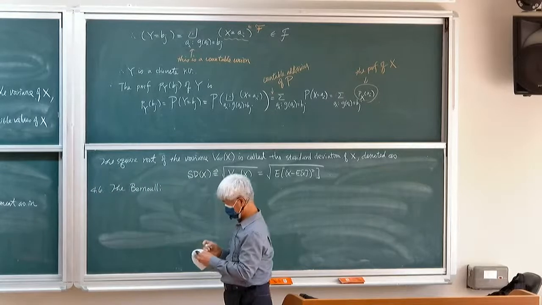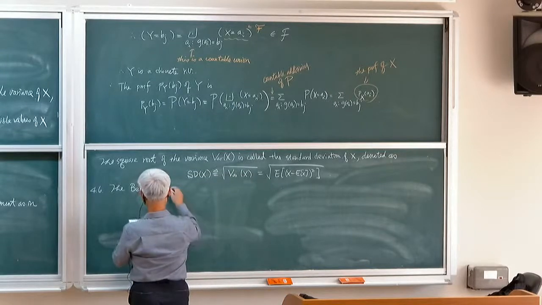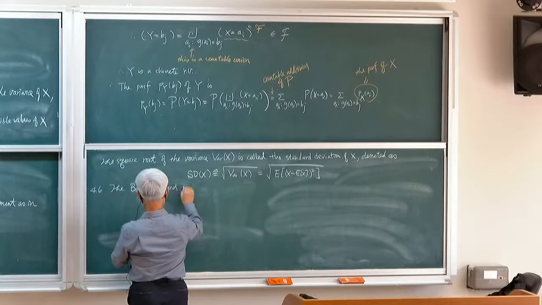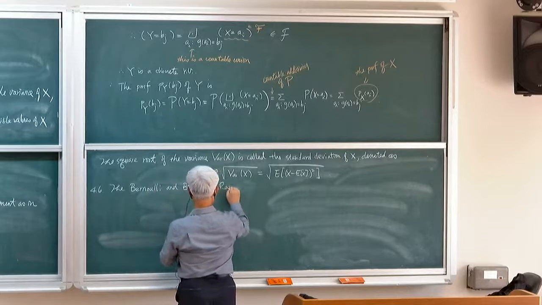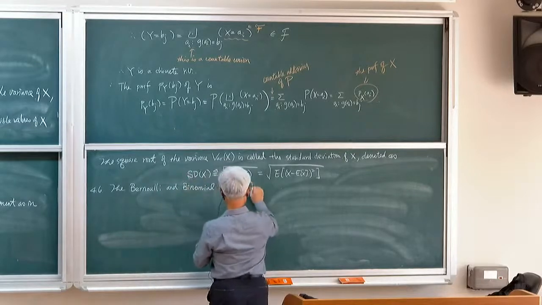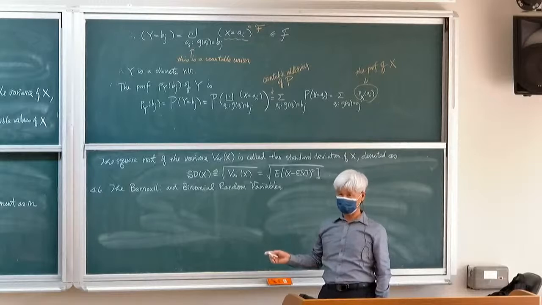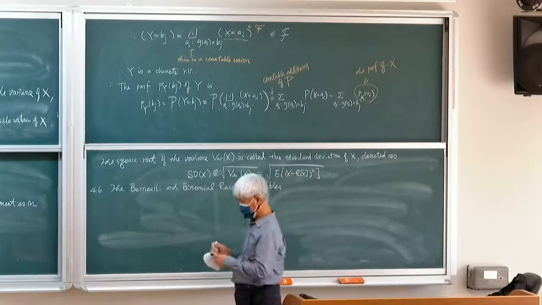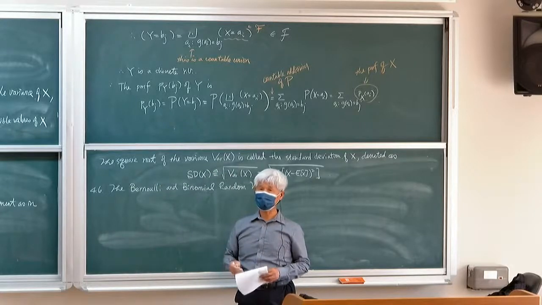The next section describes two kinds of random variables called Bernoulli and binomial random variables. Okay. So they are discrete random variables with particular probability mass functions. They can serve as models of practical random variables.